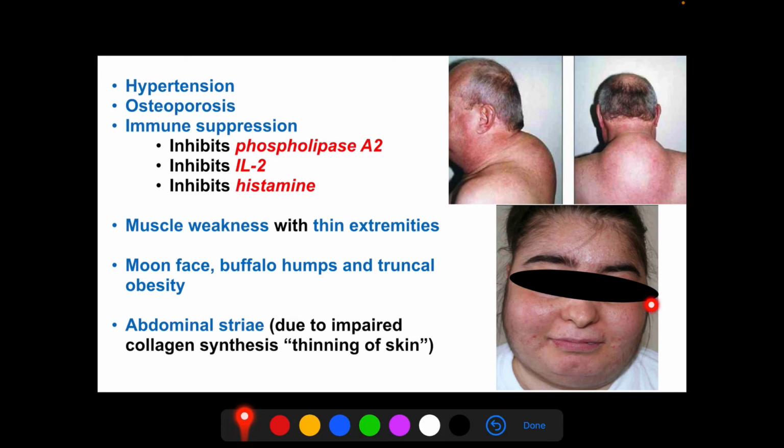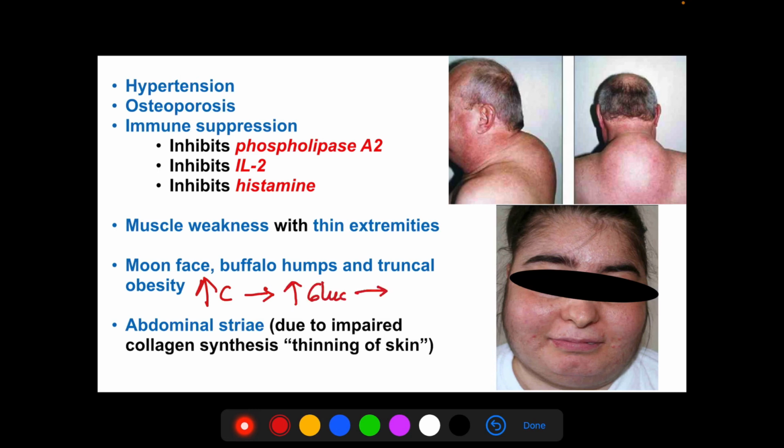So this is a moon face feature of the patient having Cushing's syndrome, and these are the buffalo humps. That occurs because of high insulin due to high glucose. Remember, the cortisol is high. So what will happen is it will lead to high glucose.